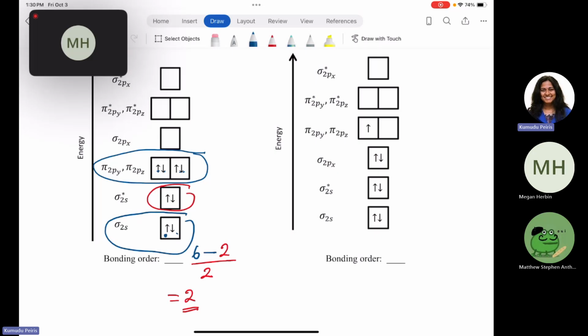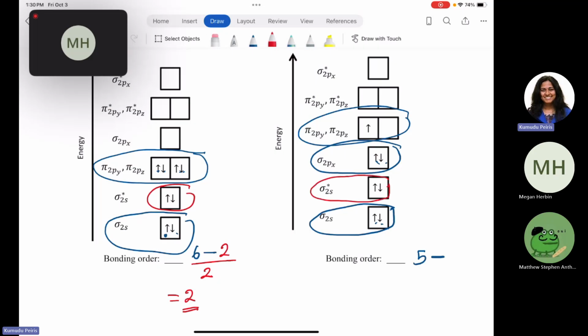When we go to the next example, this is a bonding orbital, and here is a bonding orbital, and here is a bonding orbital. So let's count the total electrons in these bonding orbitals. One, two, three, four, five. There are five electrons in bonding orbitals minus the electrons in anti-bonding orbitals.